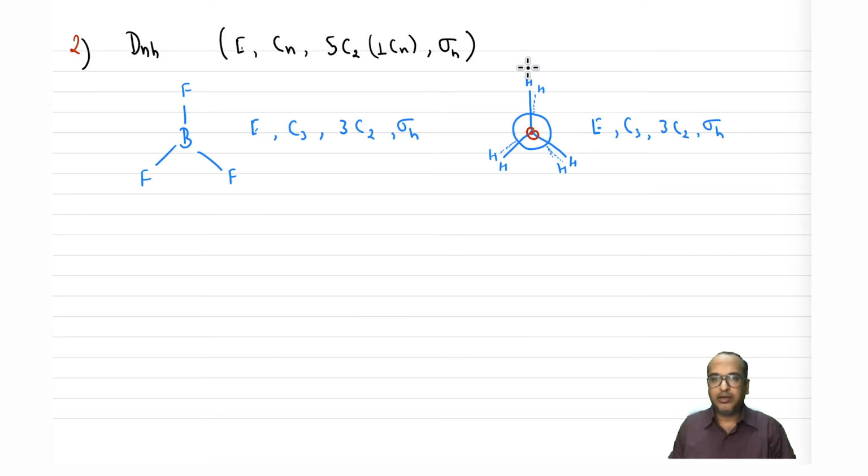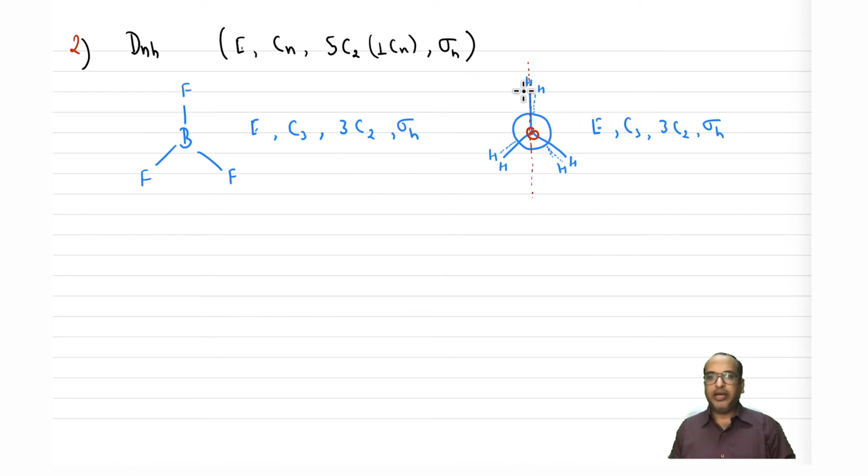So it is not passing through a CH bond, it is actually bisecting the CC bond. It is in the plane of the board, while 3 hydrogens and this carbon are in front of the plane of the board, and the other methyl group is at the back of the plane of the board, right? The three C2s will be in the plane of the board, and sigma H is also in the plane of the board, bisecting the CC bond, right?